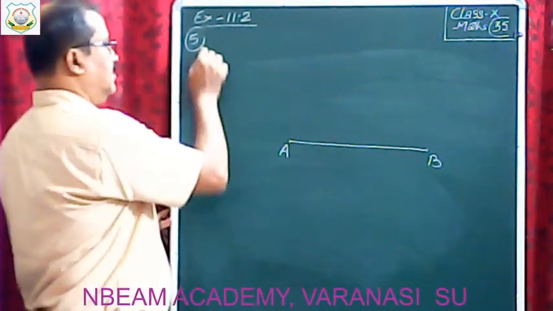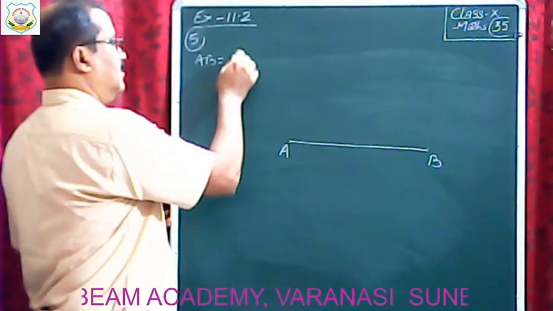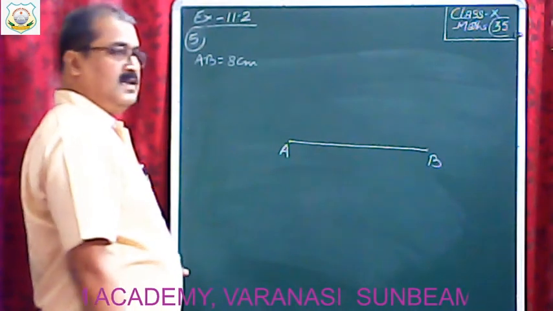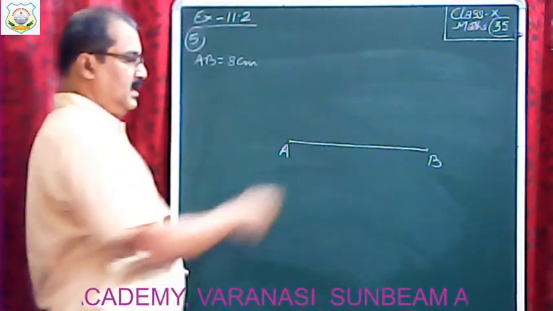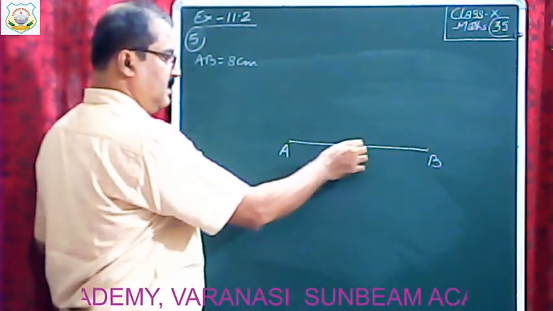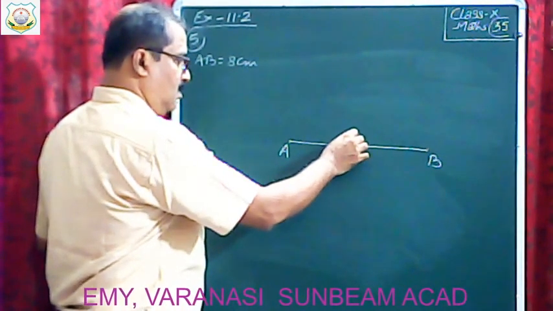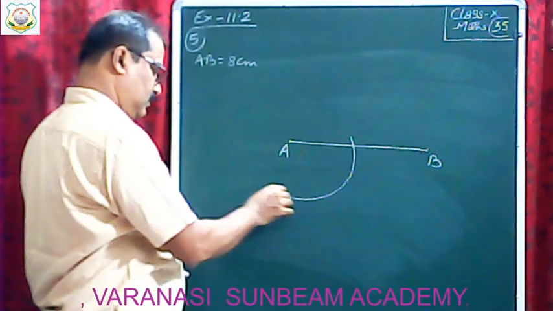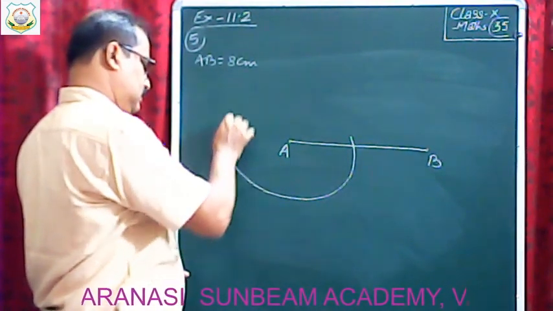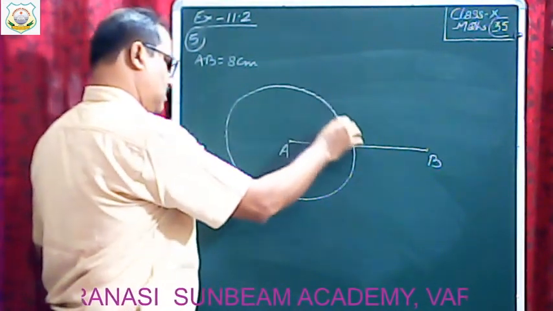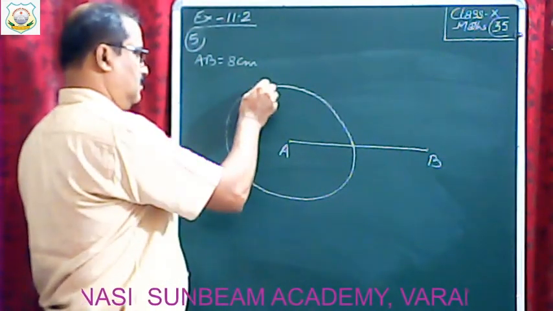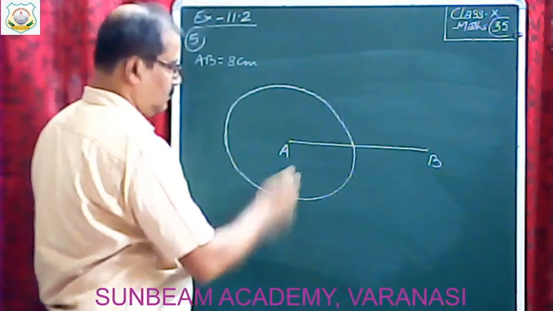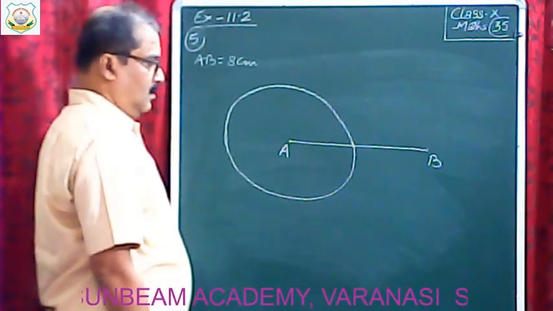AB is given. With A as center and 4 cm radius, draw a circle. Everybody draw a circle.